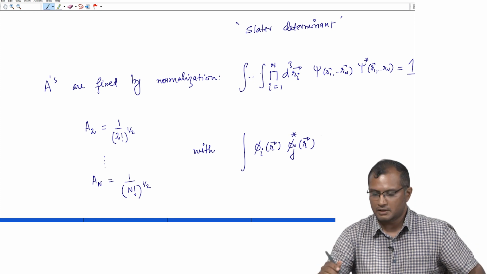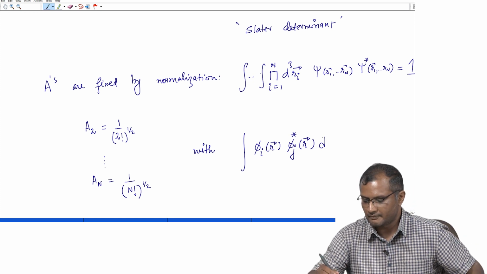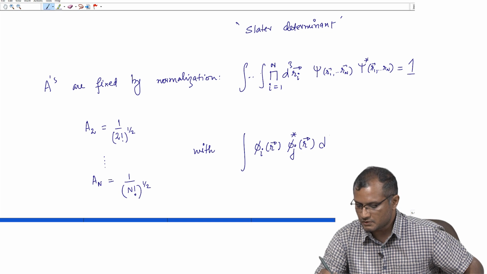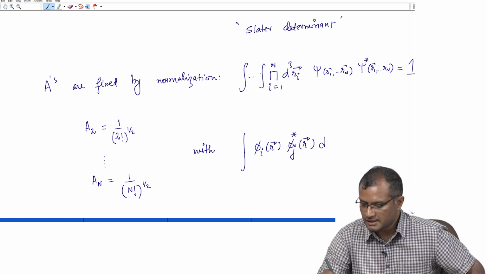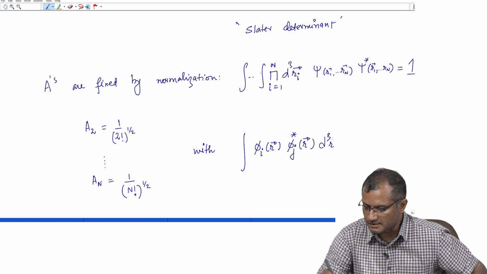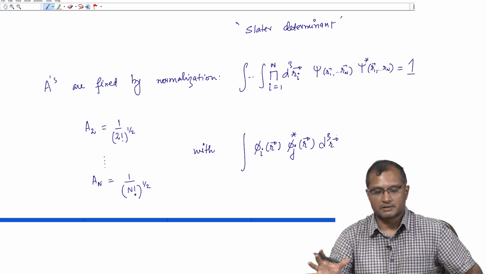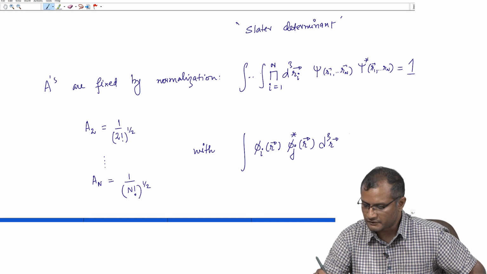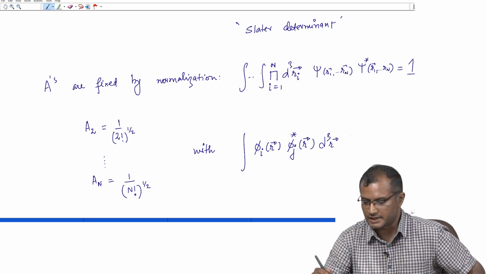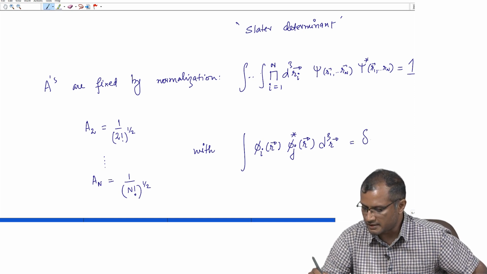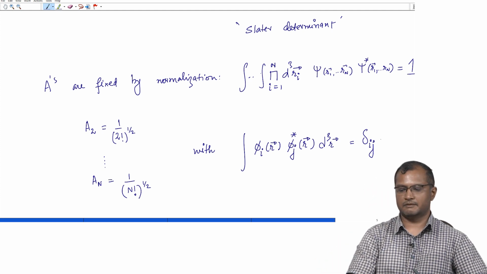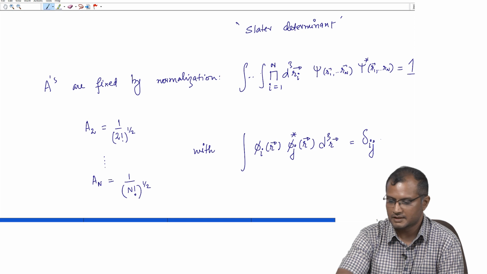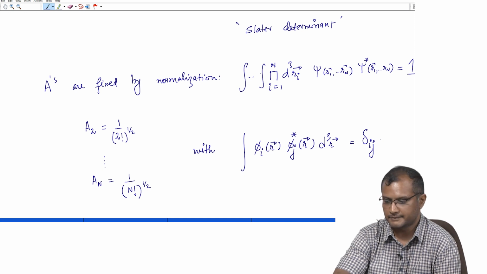So, this is the orthogonal scalar product. Okay. So, the orthogonality of the functions is basically represented as this integral of phi with its complex conjugate given as the Kronecker delta function. Okay. That is the meaning of this orthogonality.